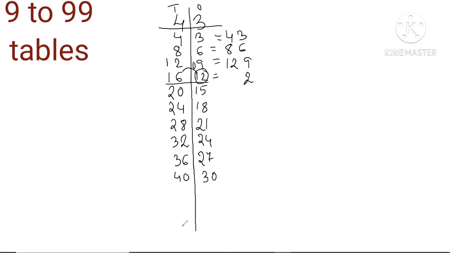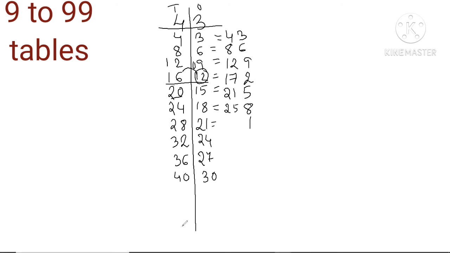Tens place, all the numbers you have to take as whole numbers. Okay, so 16 plus 1, 17. Write down 5 as it is. 20 plus 1, 21. Write down 8 as it is. 24 plus 1, that is 25.